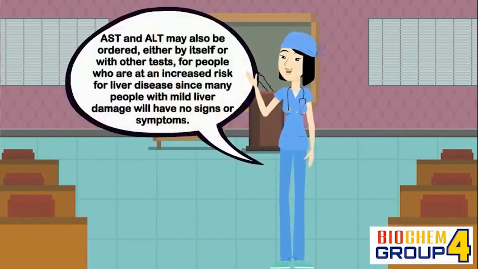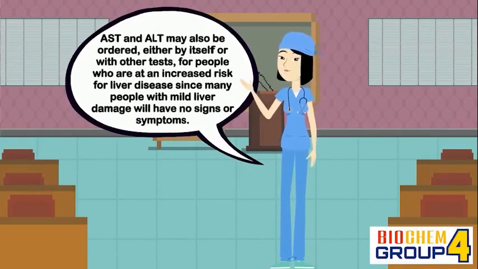AST and ALT may also be ordered either by itself or with other tests for people who are at an increased risk for liver disease, since many people with mild liver damage will have no signs or symptoms.